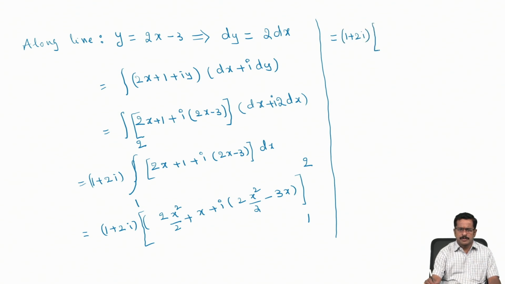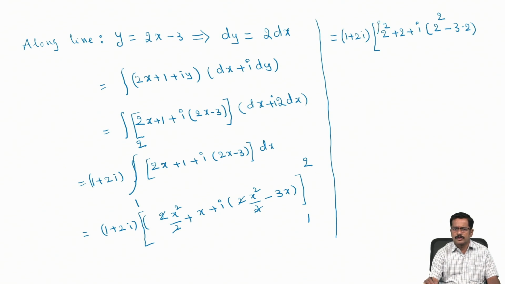When I put the upper limit, the 2s get cancelled, so only x square is left. For the upper limit, x square is 2 square plus 2 plus i into (2 square minus 3 into 2).